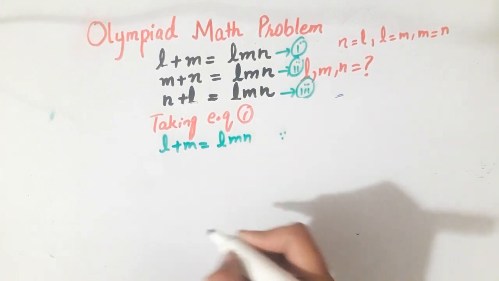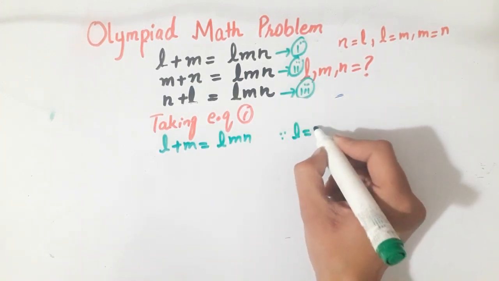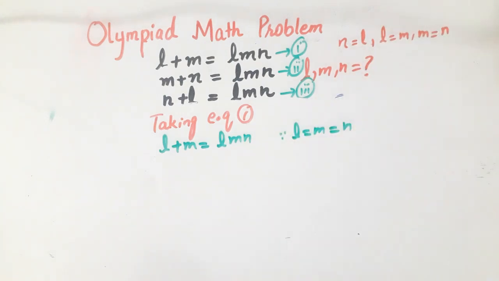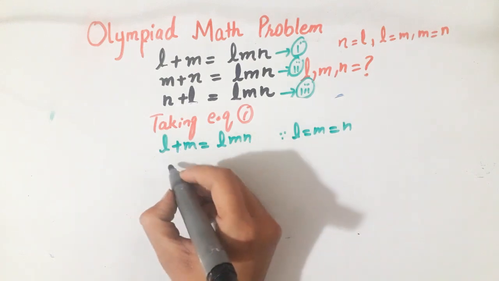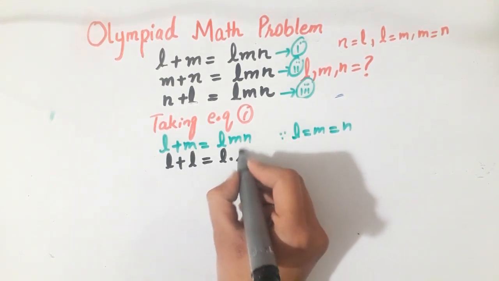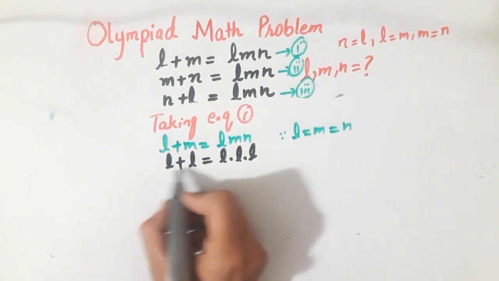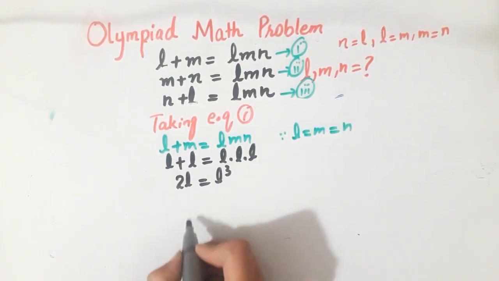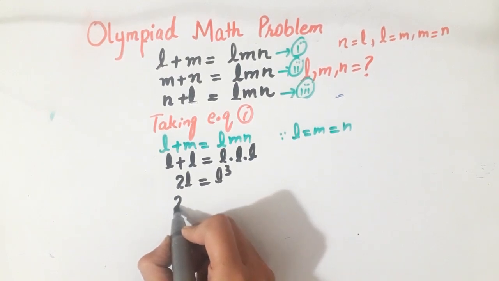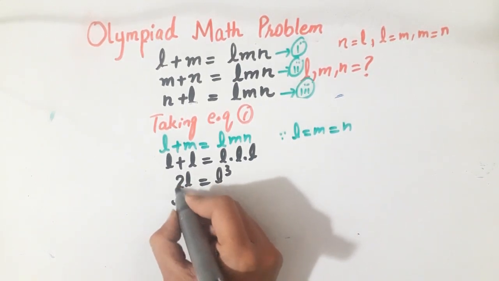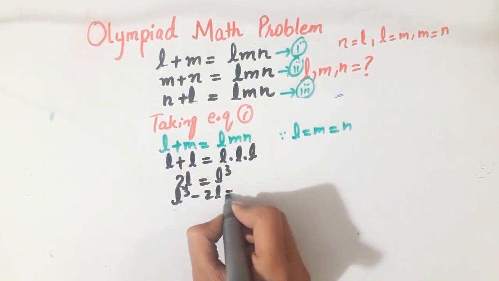Since we know that L equal M and M equal N from the new results, we will solve this as L plus M means L plus L, and LMN is L into L into L. So L plus L is 2L and L cube. So we get L cube minus 2L equals 0.